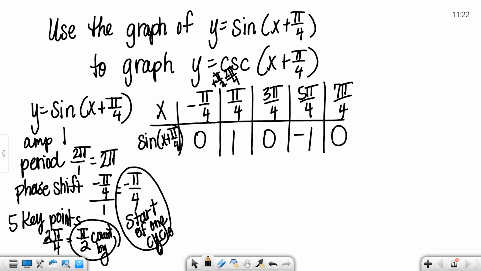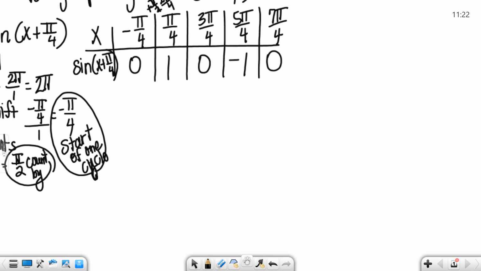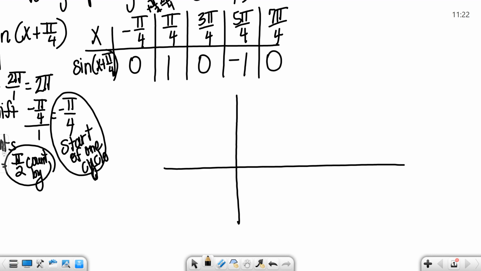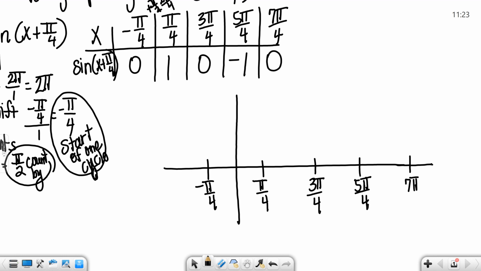Now we are going to graph sine. I've got my values put on my graph.